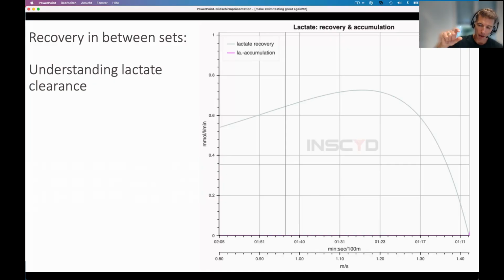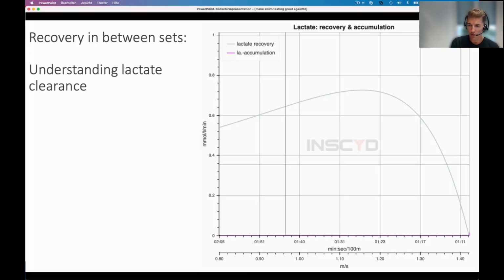If you accumulate lactate from one interval to the other, you can assume that the pH level will decrease from one interval to the other. So you have a compounded carryover effect of acidity, or acidosis. And this shuts down glycolysis, so the glycolytic stimulus will decrease. I'm going to show an example about that, okay?